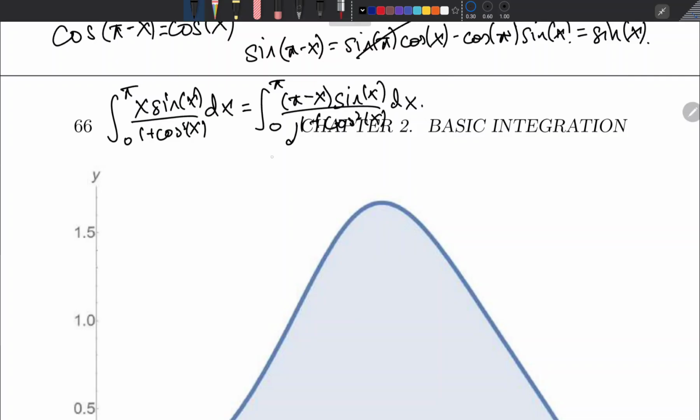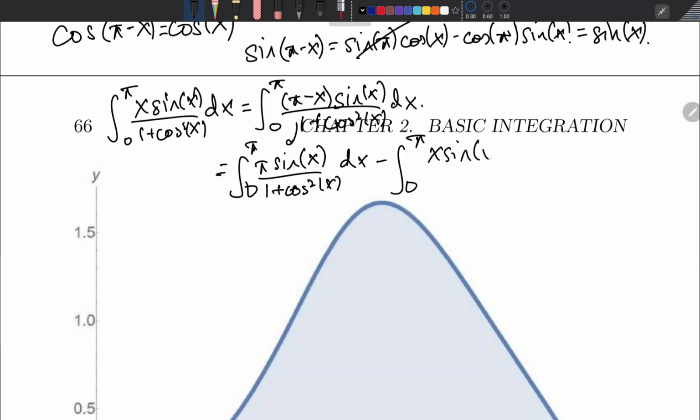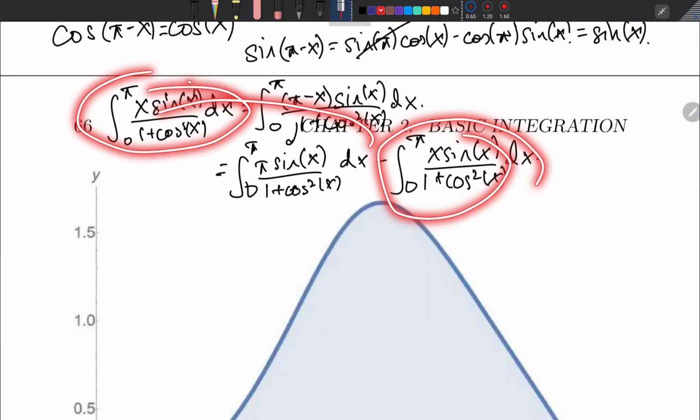And we can write this as pi times the integral from 0 to pi of sine of x over 1 plus cosine squared of x dx minus the integral from 0 to pi of x sine of x over 1 plus cosine squared of x dx. And guess what, this is your I, the same integral.